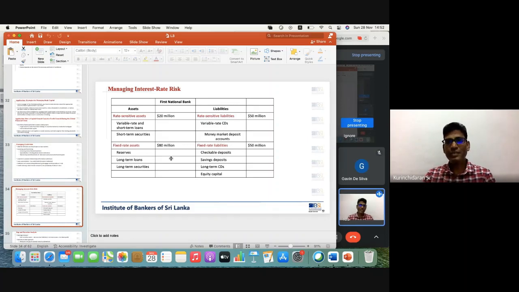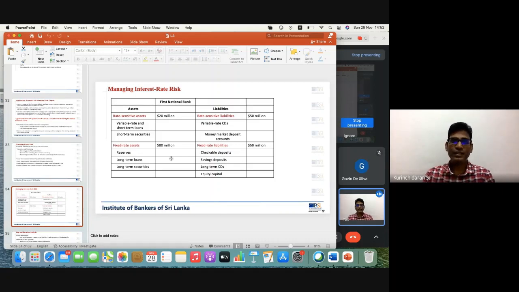Similarly, on the liability side, you can see rate sensitive liabilities and fixed rate liabilities. Rate sensitive liabilities include savings accounts, short-term fixed deposits, and other securities like money market deposit accounts. Those are very short-term, so they are sensitive to the rates.